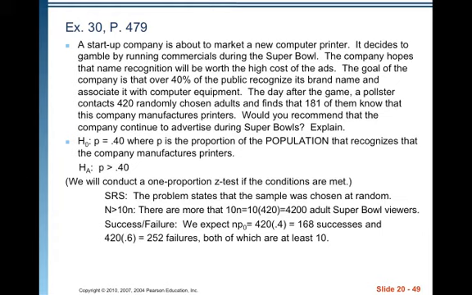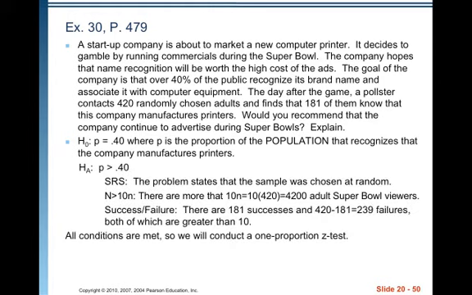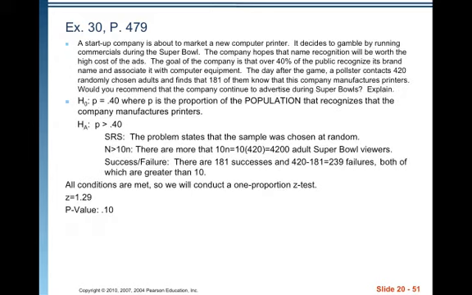And I should have n times q naught there. That's going to be 420 times 0.6. Remember, q naught is 1 minus p naught, so 1 minus 0.4 is 0.6. That gives us 252 failures, both of which are at least 10. All conditions are met, so we will conduct a one proportion Z test.